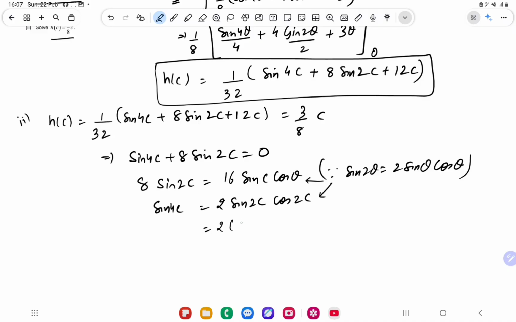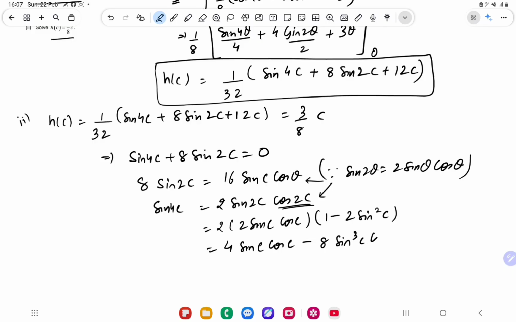So this again I can write as 4 sine c cos c, and I have to convert cos 2c also into sine, so I can write it as 1 minus 2 sine square c, which on expansion will be 4 sine c cos c minus 8 sine cube c cos c.